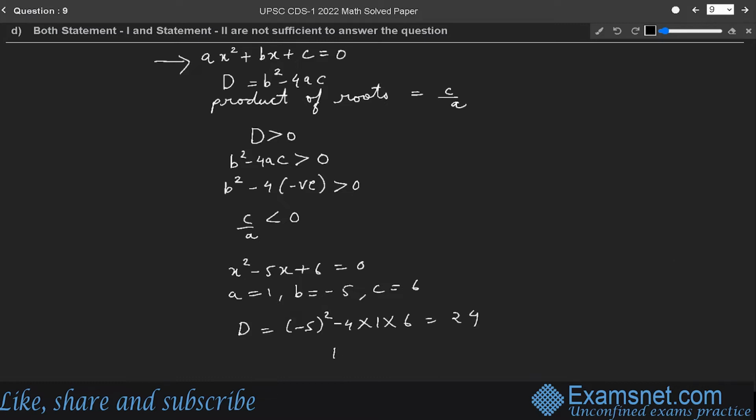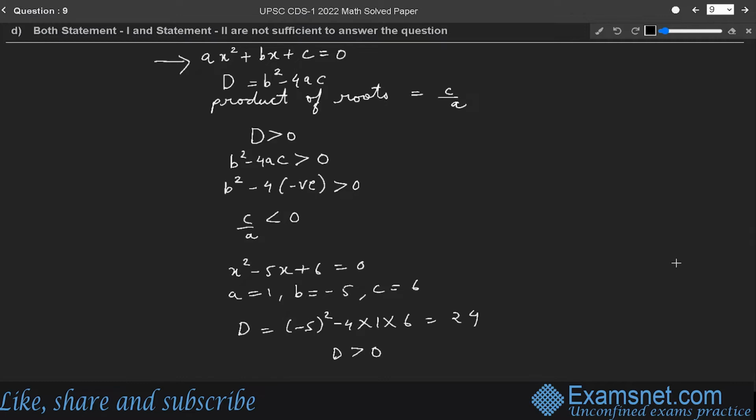So here D is greater than 0. Hence, we cannot say that if D is greater than 0, then ax square plus bx plus c is equal to 0 will have real roots of opposite sign. So, we can say that statement 1 is not sufficient.